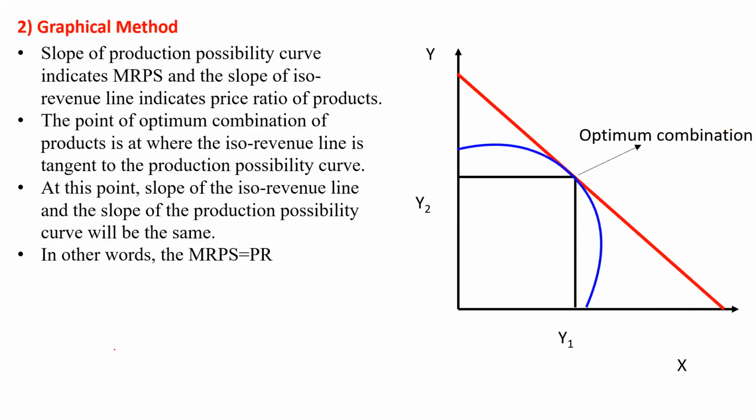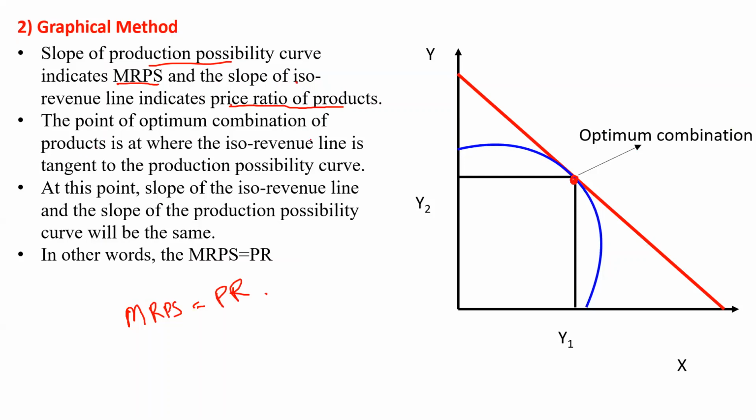Next we have the graphical method. The slope of the production possibility curve will indicate marginal rate of product substitution, and the slope of ISO revenue line indicates the price ratio of the products. So our optimum combination is MRPS equal to price ratio. The point at which the slope of the production possibility curve is equal to the slope of the ISO revenue line is the optimum combination, and the slopes are equal at the point of tangency.